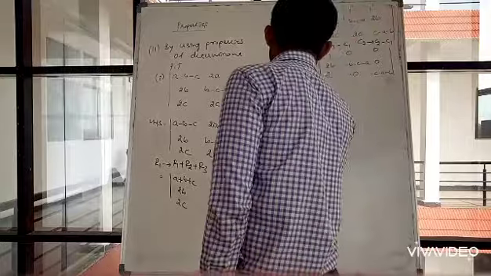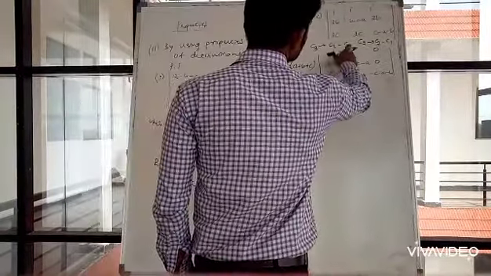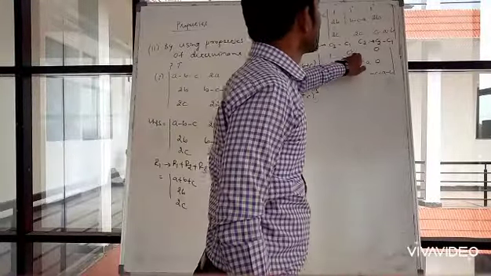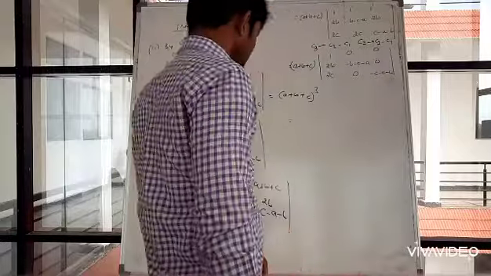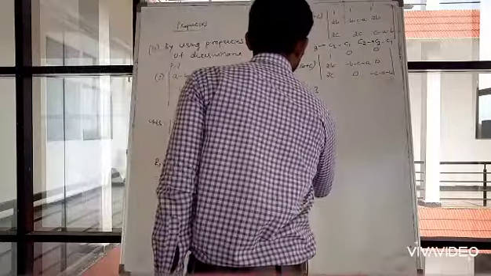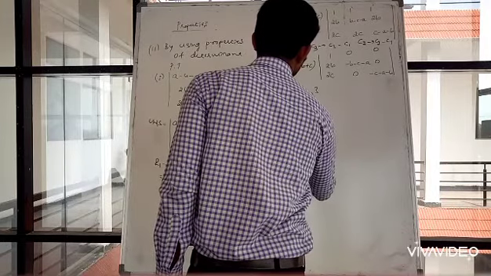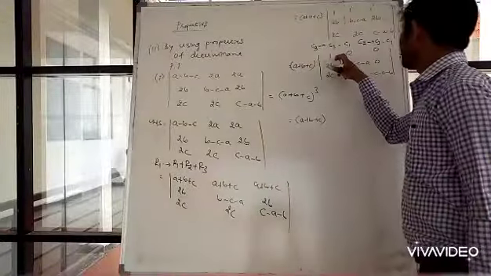Then which is equal to, by the property here, one side of the principal diagonal, each element is equal to 0. Then we can write the value of determinant is equal to the product of principal diagonal elements.